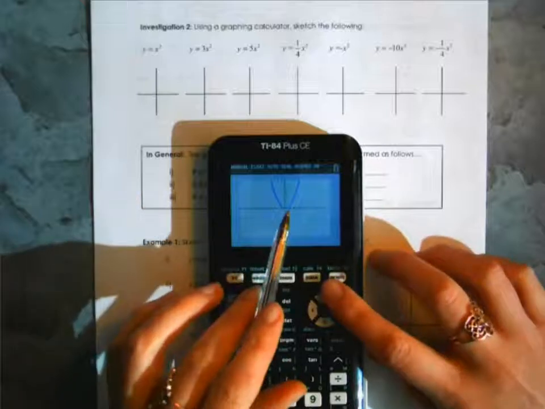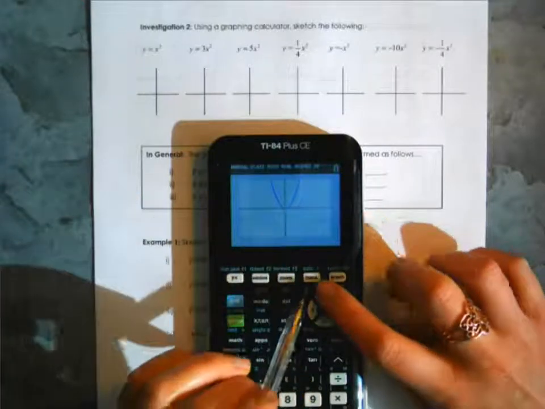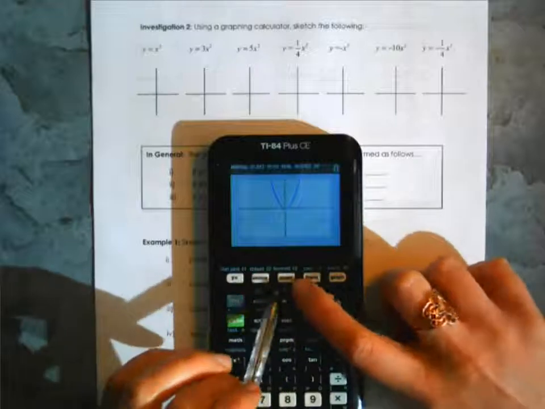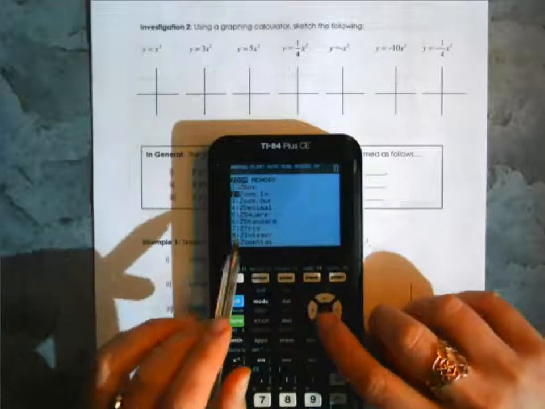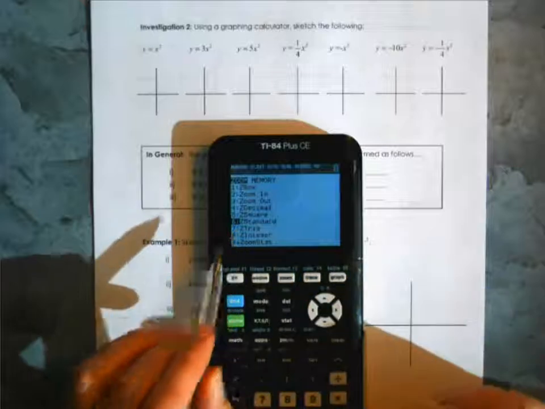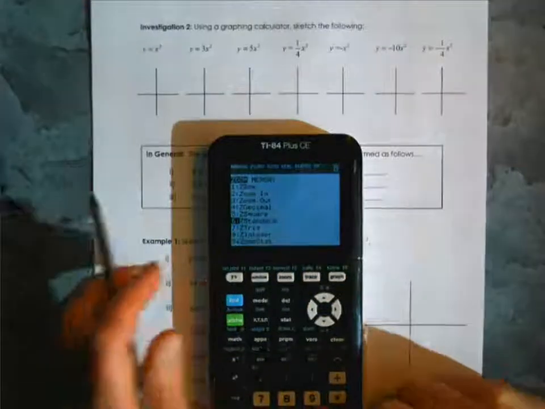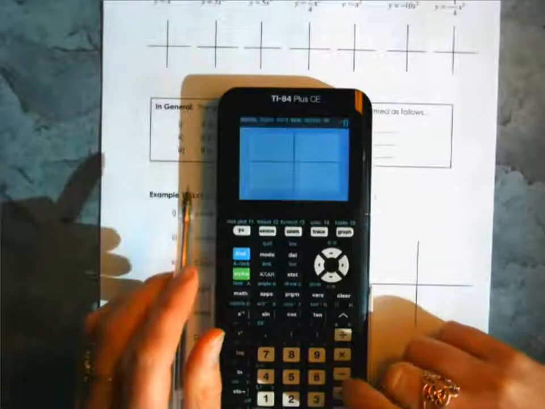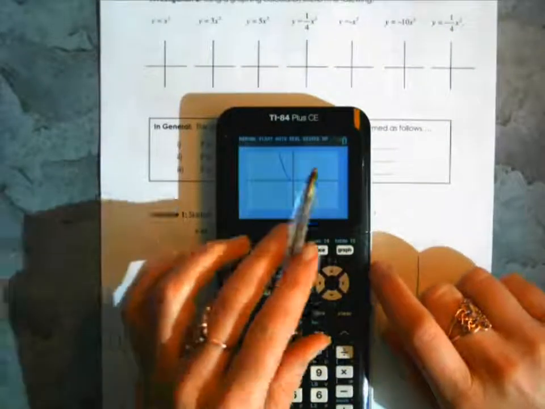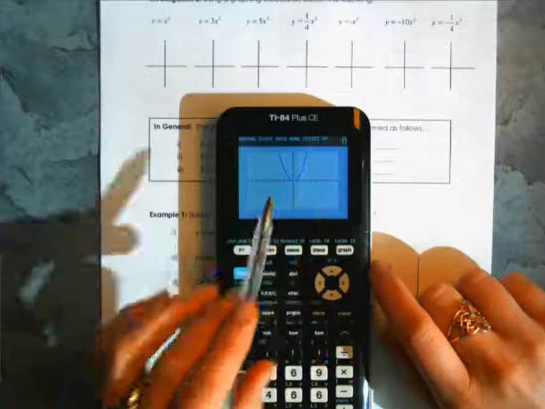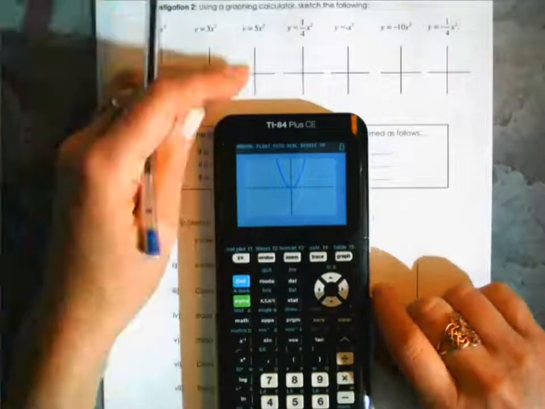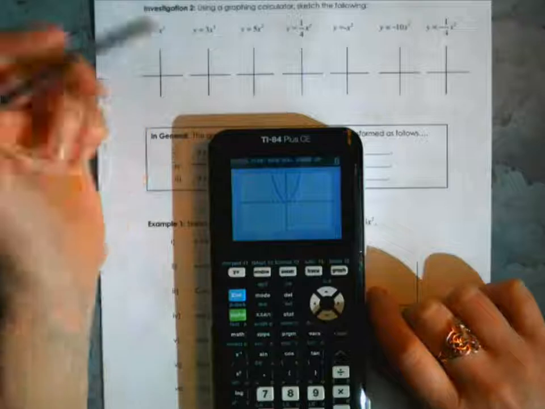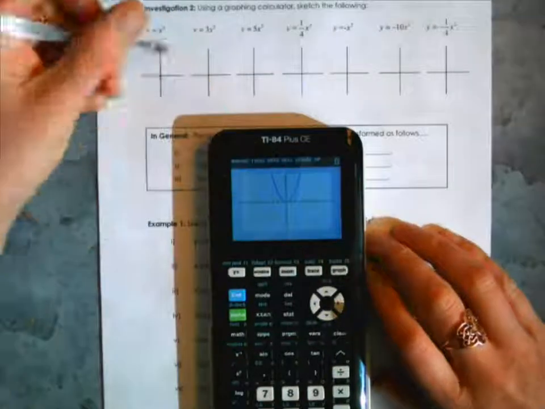Now, if you get a weird zoomed in version of this, you can go to zoom, and you can go to number 6. You can actually just press number 6 on your calculator if you want, or you can scroll down and hit enter. Either one will work, and then it'll automatically zoom it to a more standard window setting for you. Okay, so this is our y equals x squared.